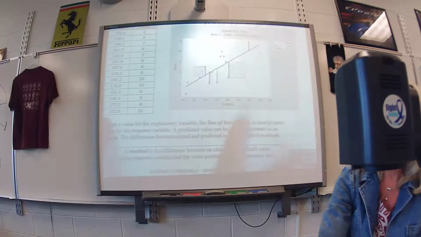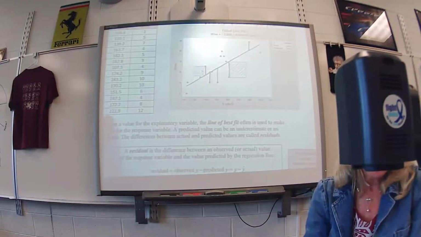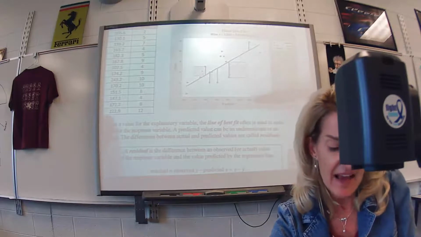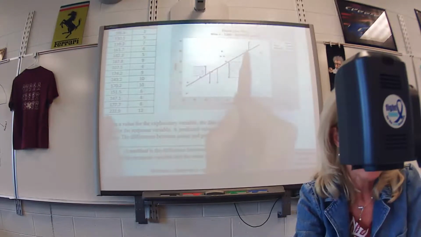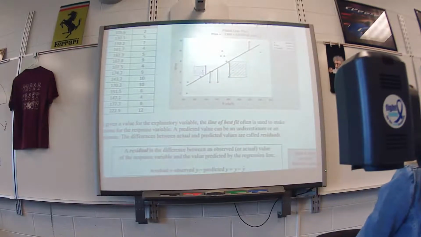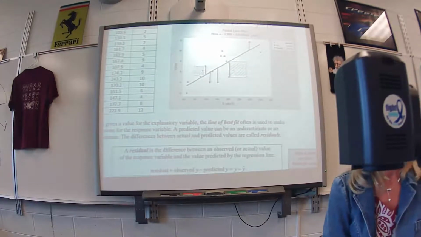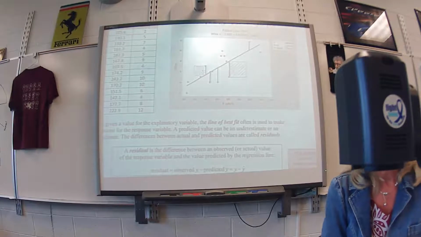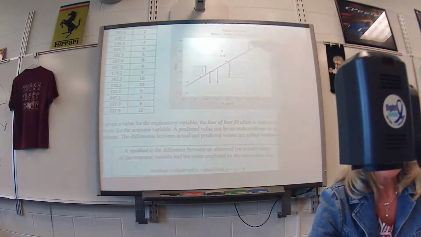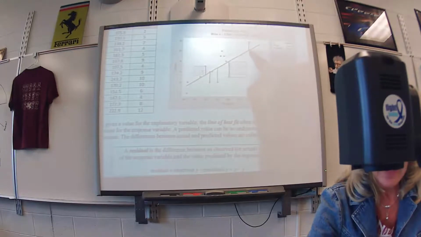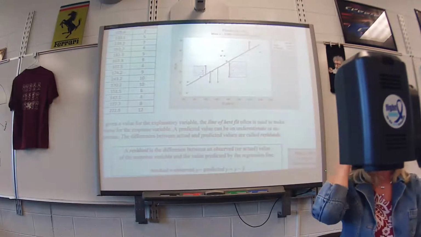Based on that many rushing yards, I would have expected only about 10 wins. You had 12 wins. So the prediction was an underestimate, but their residual will be positive because their y minus their y hat is now going to be positive.